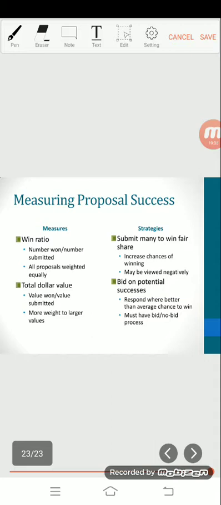Total dollar value is the total dollar value of proposals the contractor won as a percentage of the total dollar value of all the proposals the contractor submitted to various customers during a specific time period. It gives more weight to proposals with large dollar amounts.